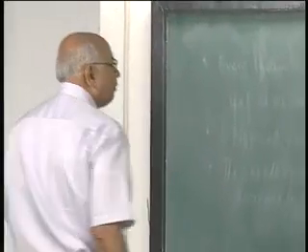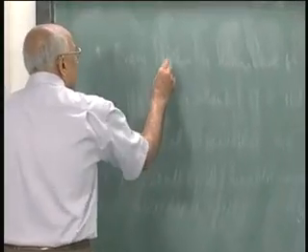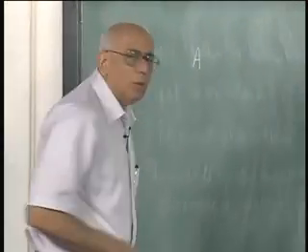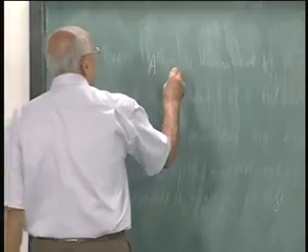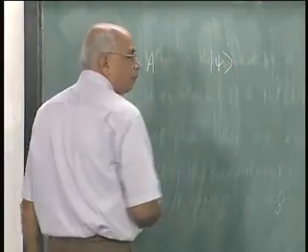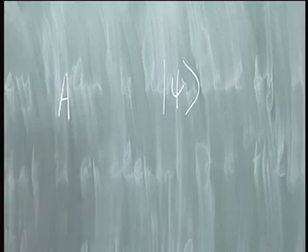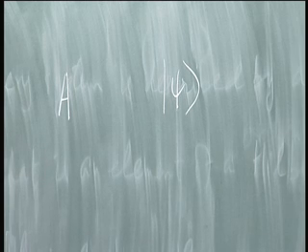So suppose you have a physical observable associated with which is the operator A, and the state of your system. For the moment let me assume everything is being done at one particular instant of time, so I will not put in the time variable. So let us suppose this is the operator and the state is psi. Then the question is, what is the average value that you get when you measure A repeatedly over an ensemble or collection?